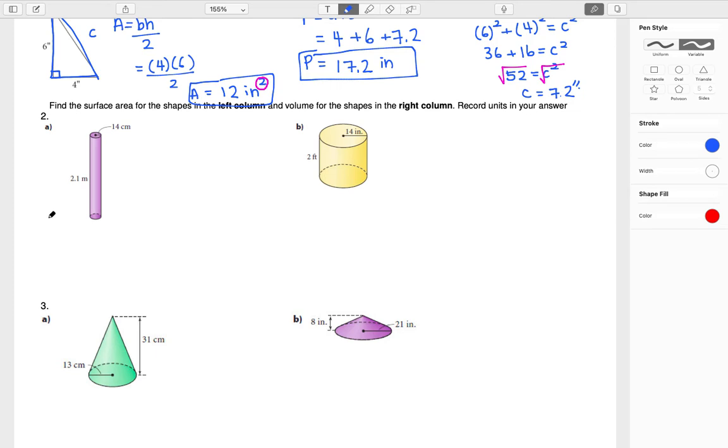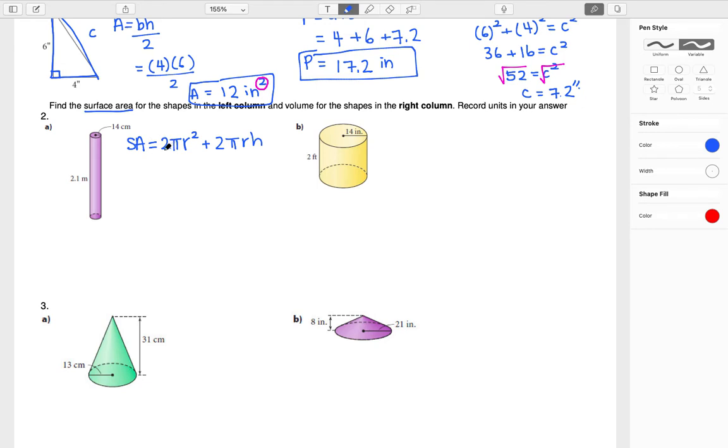I look at the formula sheet, and for a cylinder, the surface area, since it's asking for surface area for the left column, is equal to 2 pi r squared plus 2 pi r h. So that should be your first step.